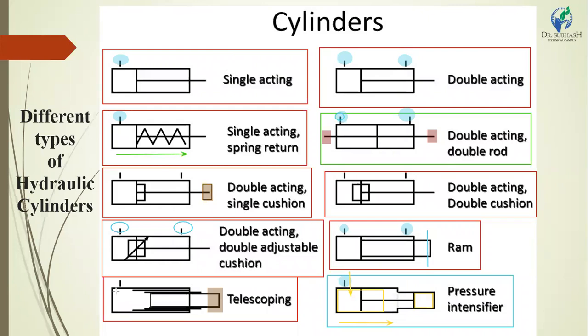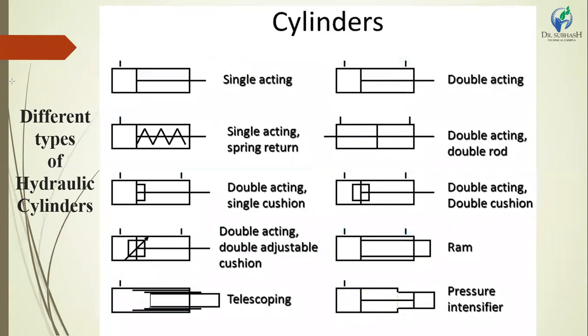Consider the first as the main cylinder, in between is the second cylinder, and then the third cylinder. That cylinder comes out from the main cylinder, increasing the total length and work. The detailed telescopic cylinder we will show in the next slide.